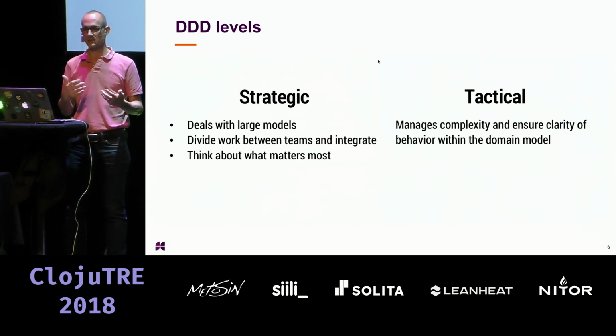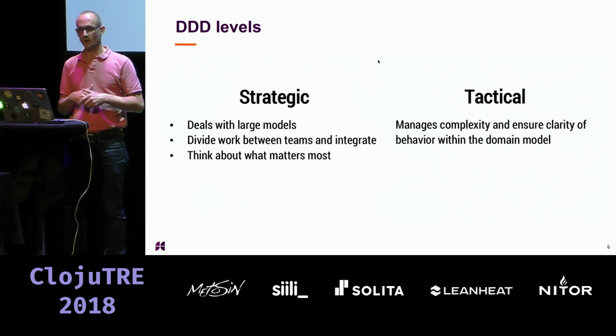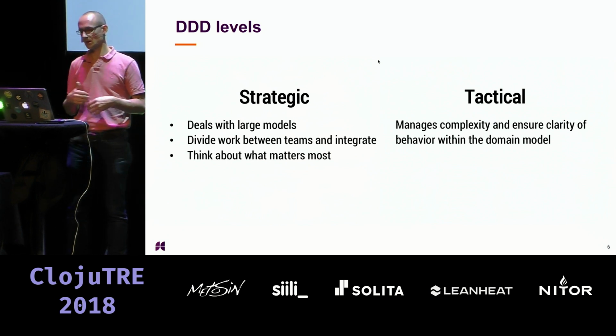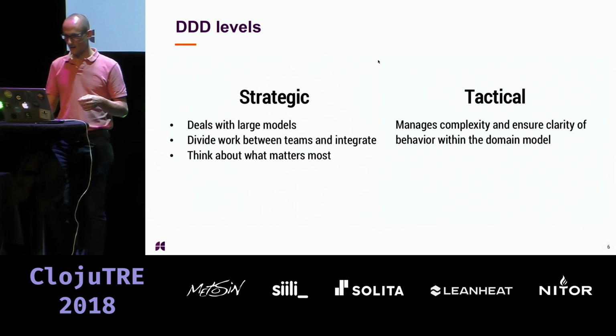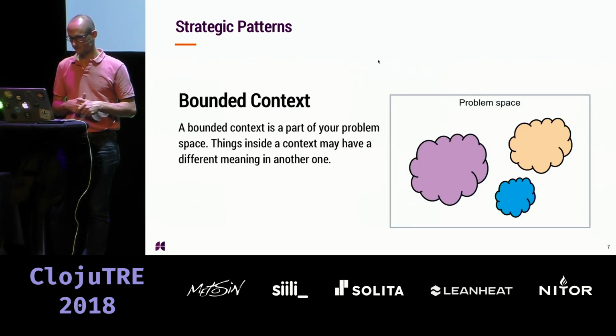The other one is the tactical level, which is more focused on the code, how you manage the complexity of that code, and make sure you have clarity and behavior within the domain itself.